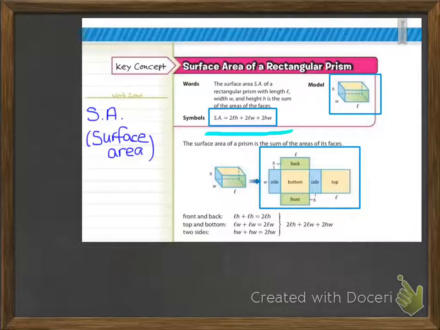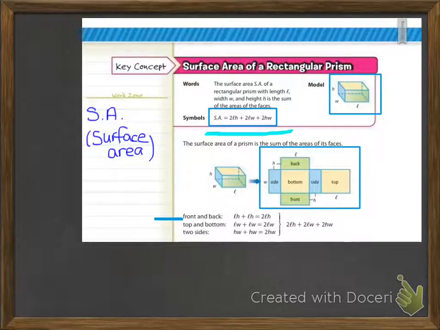So what this is telling you is this. If you look at the first part, it says front and back. Right now, I'm looking at this area right here. To find the area of the front, you have to do length times height. And since there's a front and a back, you have to do length times height again. But an easier way is to just do 2 times the length times height, because you're going to have to double it anyway.